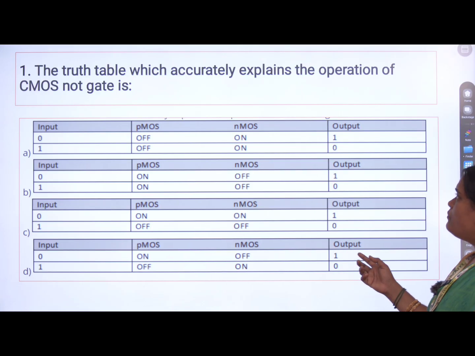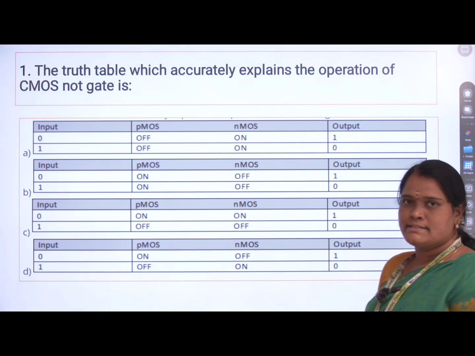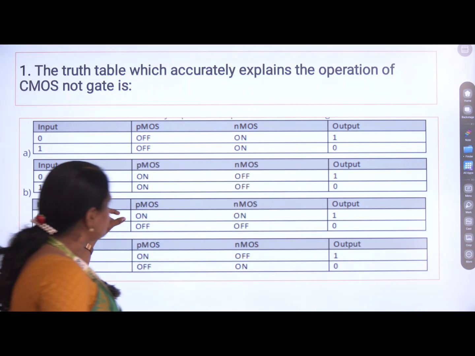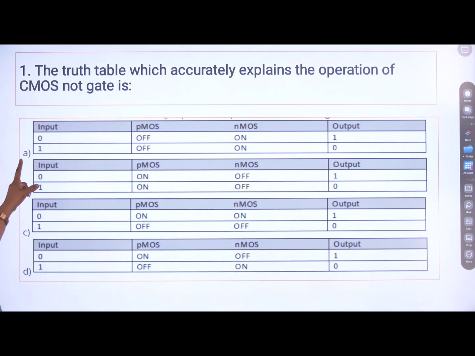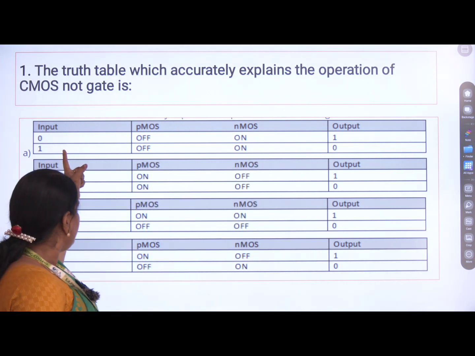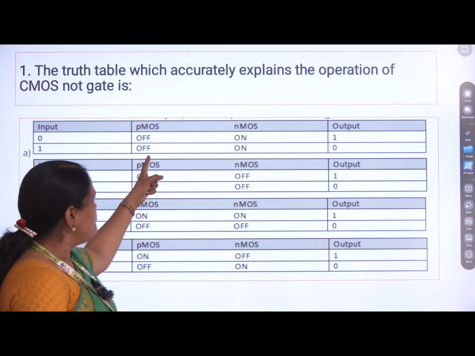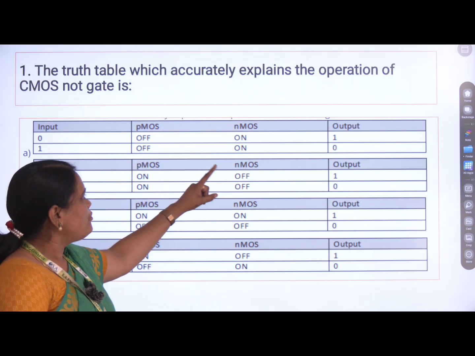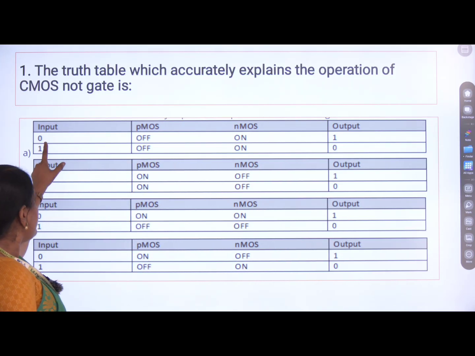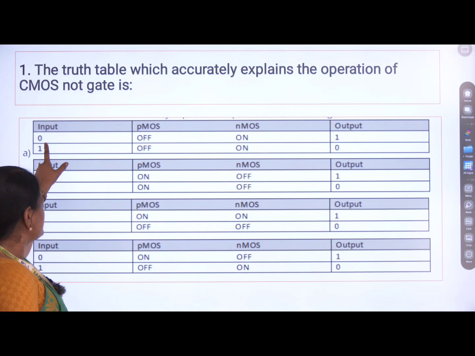The truth table which accurately explains the operation of CMOS NOT gate is, so here are the choices. Option A describes when input is 0, PMOS is off, NMOS is on, the output will be 1. Yes, of course, I agree with this first point.